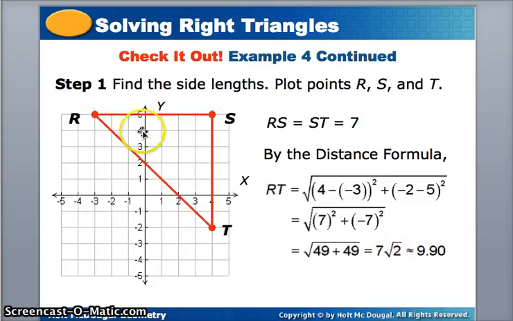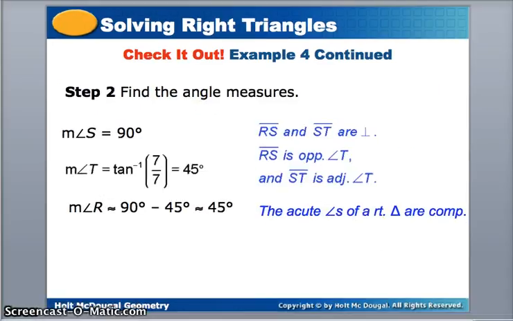And remember, this is a special right triangle. Since these two sides are the same, this would be our right angle at angle S. Angle R and angle T, since they're opposite of the congruent sides, would be 45, and this is what our last slide covers.